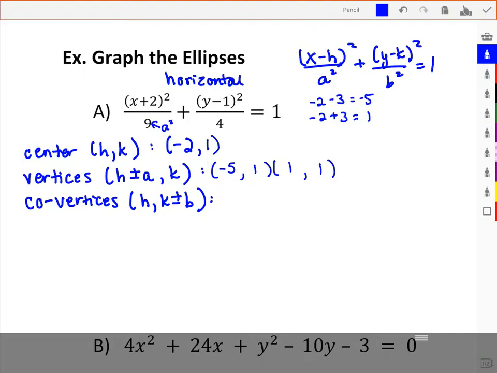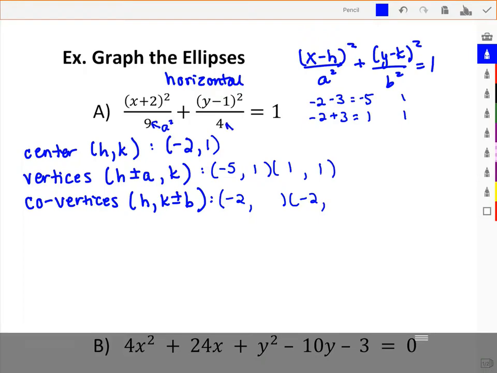Okay? Now the co-vertices are at h, k plus or minus b. These are the midpoints the other way, and we'll see where those are in just a moment. Okay, so h won't change. I'm going to have a -2 for each of those. K originally is 1. All right, so b.